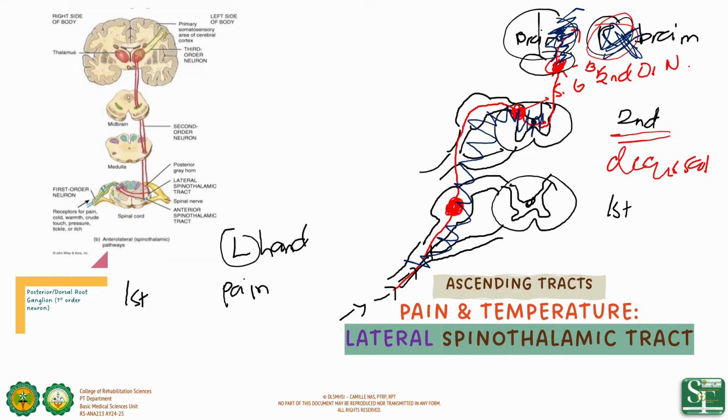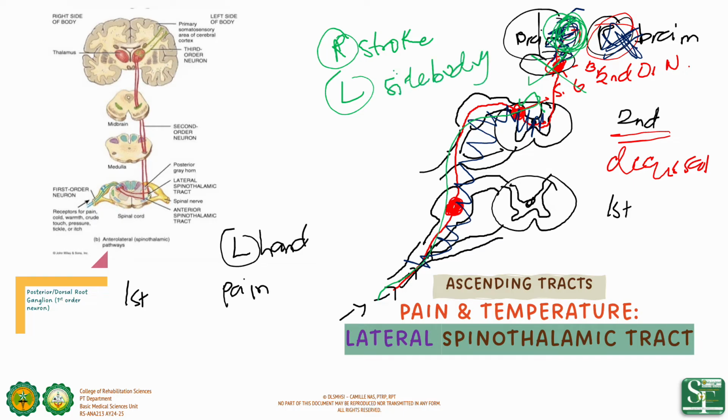Ang main cause is, sira na to, yung right side. So, lahat ng magi-input sa left side, hindi niya mare-receive. So, ang affected area kapag may right stroke is the left side of the body, paresthesia, no, kung sensation yung problem.